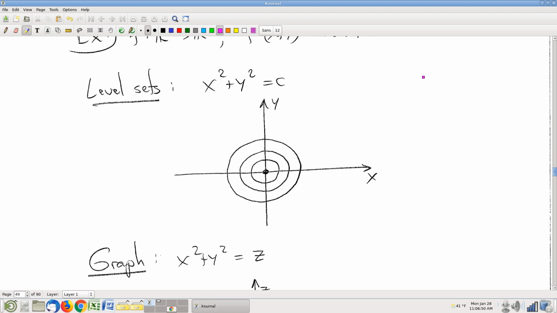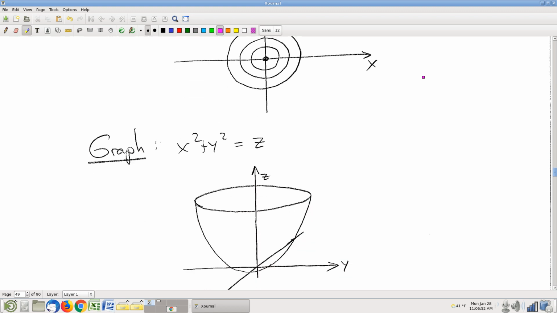On the other hand, what is the graph? The graph is what you get when you set that same exact function not equal to constants, but equal to a new variable. Now we have three variables in this equation. This is a chapter 12 problem. What surface is the set of solutions to this equation of three variables? Conveniently, we've already studied this equation. We know what the answer is.